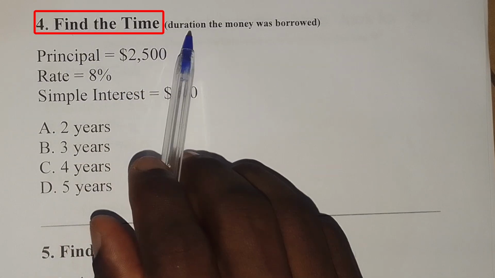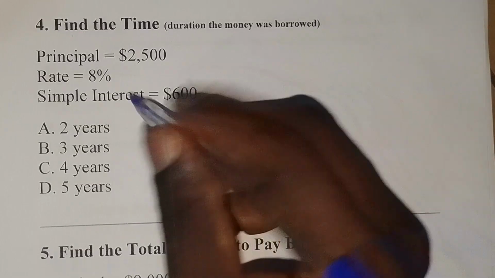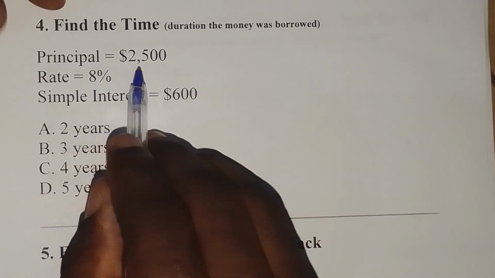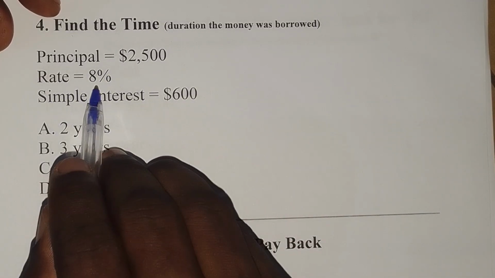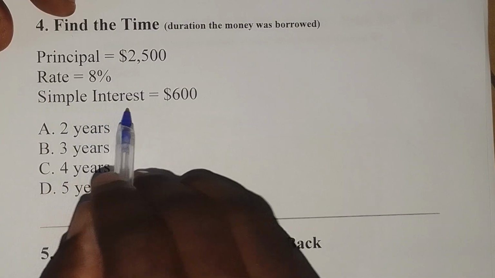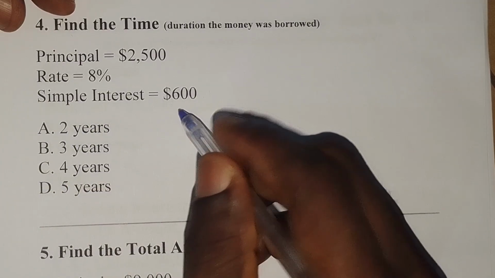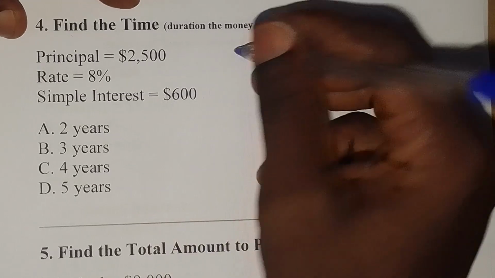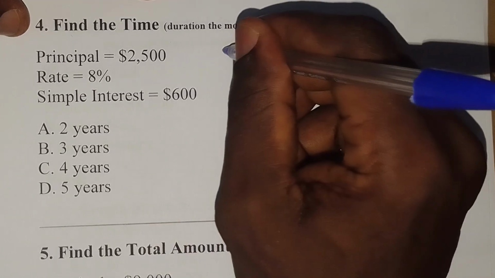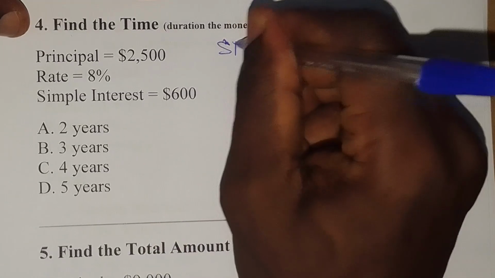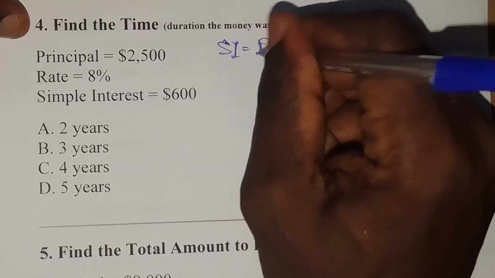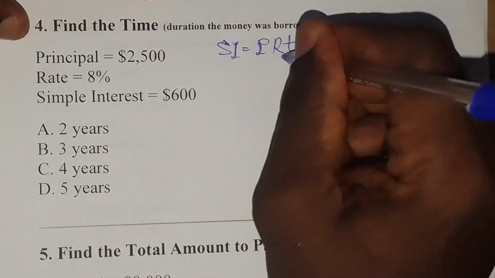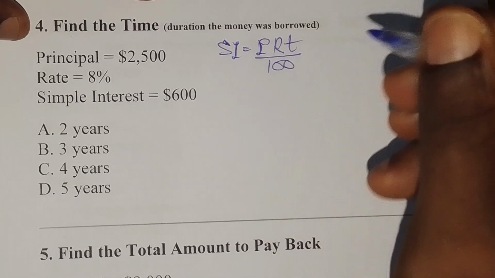Find the time or the duration the money was borrowed. Here the principal is $2,500, the rate is 8%, and the simple interest is $600. Now let's calculate the time. First of all, we write the simple interest formula. Simple interest is equal to principal times rate times time all over 100.